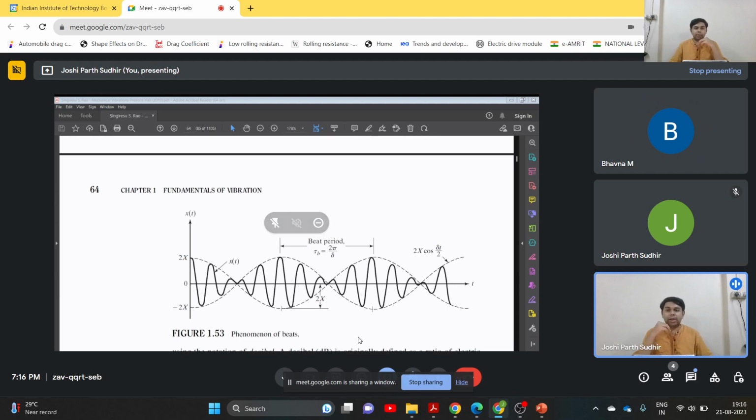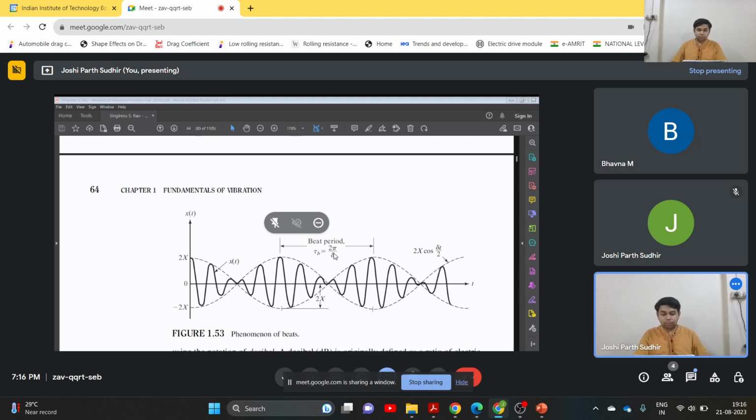You can see that the net oscillation goes on like this: there is one bigger sine wave, and another sine wave which goes inside that.